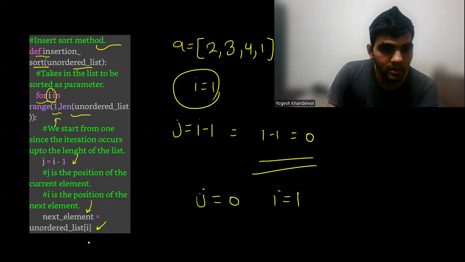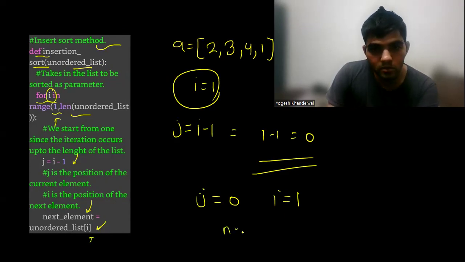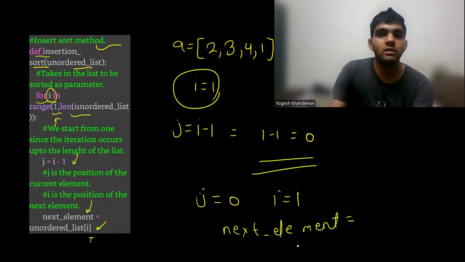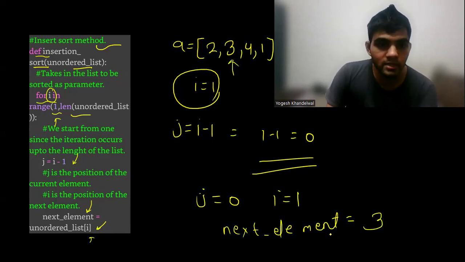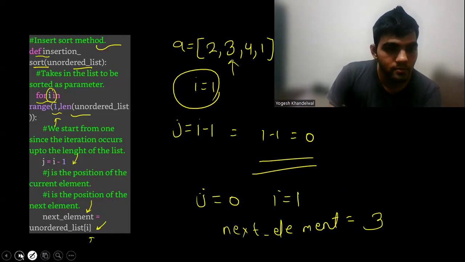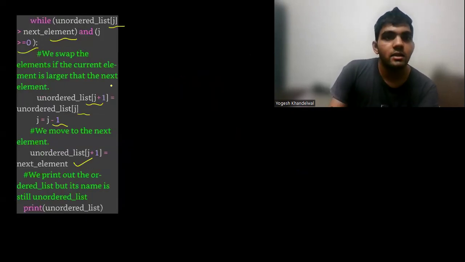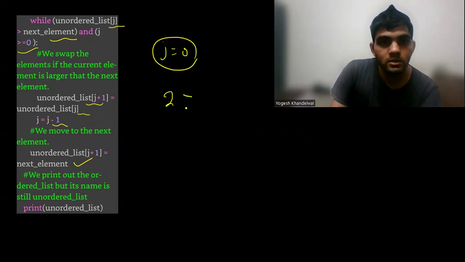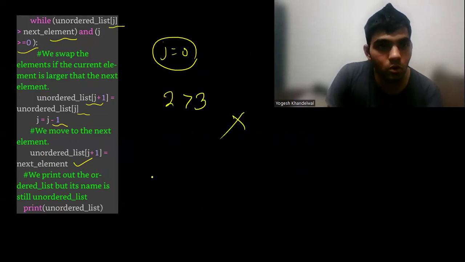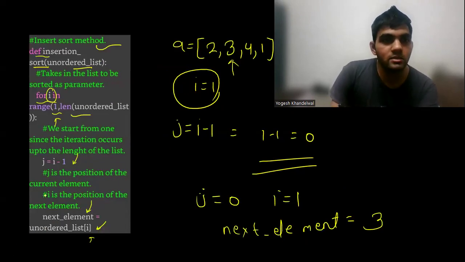And the next element is unordered list of i, which is the index 1 element, 3. So next element is 3. So let's check: the unordered list of j, the 0 indexed element, is 2, and is 2 greater than 3? It is false. So this while loop is not run. Then we go to the next case.